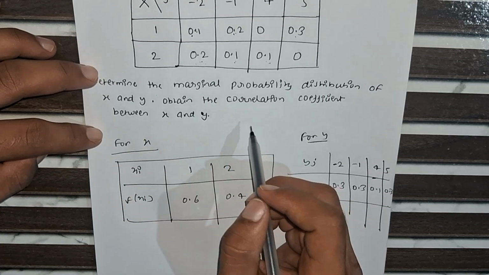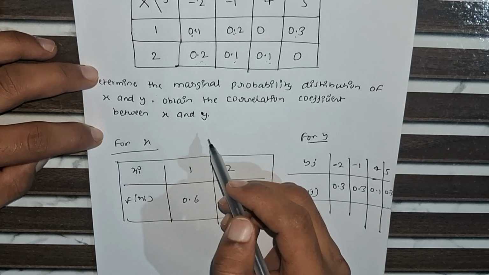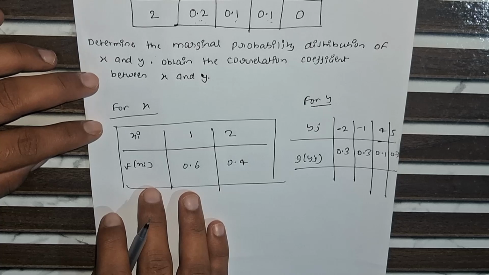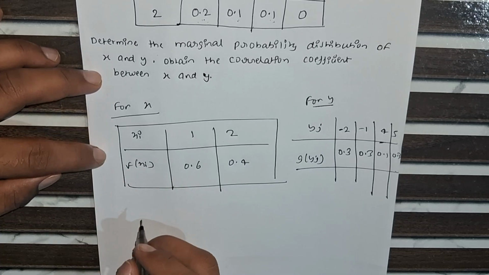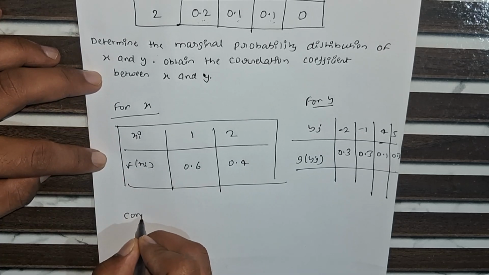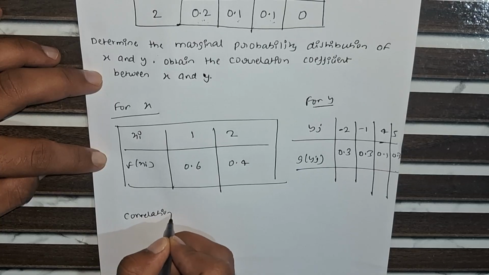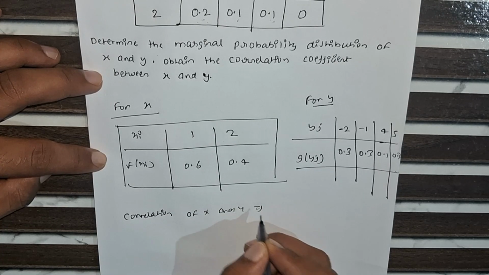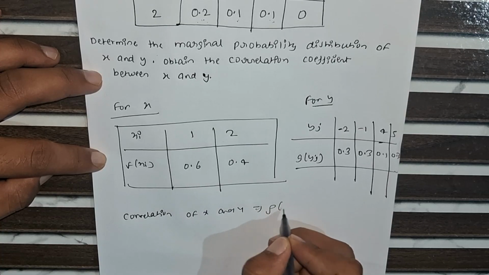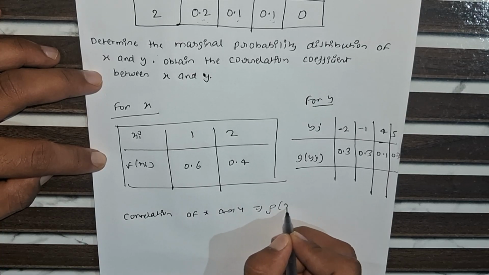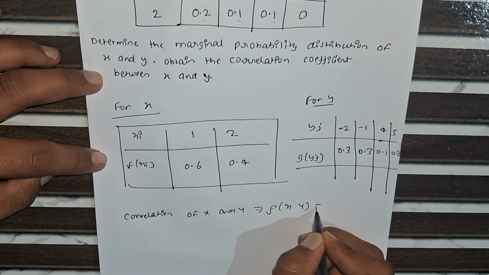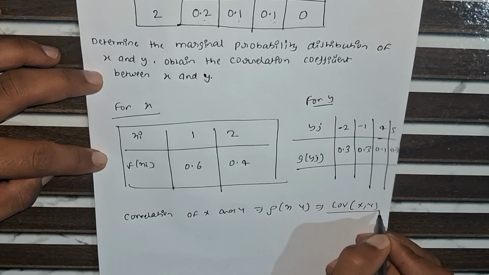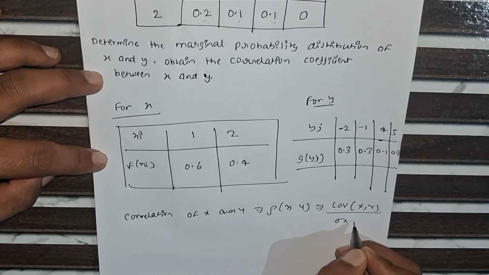Now go for our second question, which is the correlation coefficient of x and y. Here we use a formula: correlation rho of x, y equals covariance of x comma y divided by sigma of x into sigma of y.